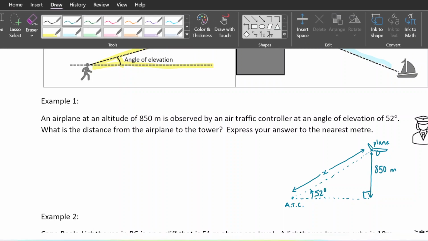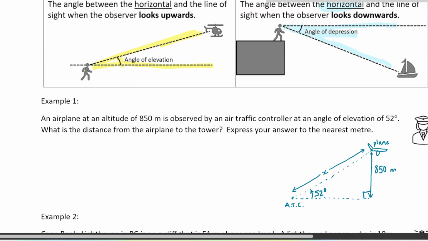Now step 1 is always label your sides. So the side opposite to the 52 degrees, so we're labeling everything based on this angle here. This is the opposite side. And then this is the hypotenuse, it's the longest side. And then this side here is the adjacent.